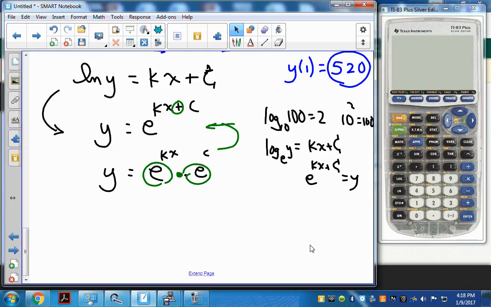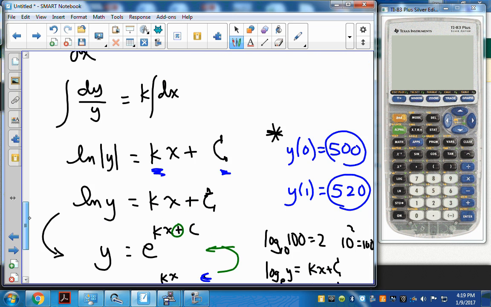Now, note that e to the c is another constant. Well, c is one constant. E to the c is another constant. So now we have y is a constant out front here, e to the kx, like that. Okay, and technically these are different constants. Let's go back to the beginning here.